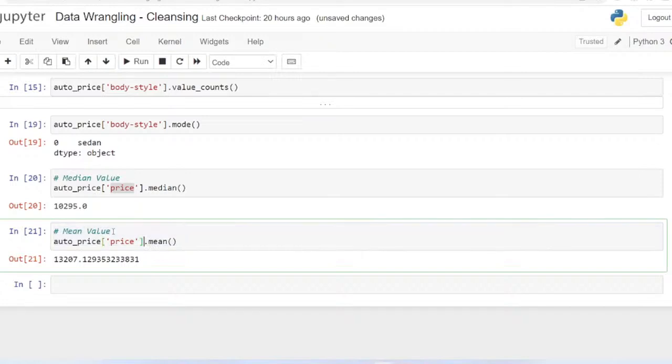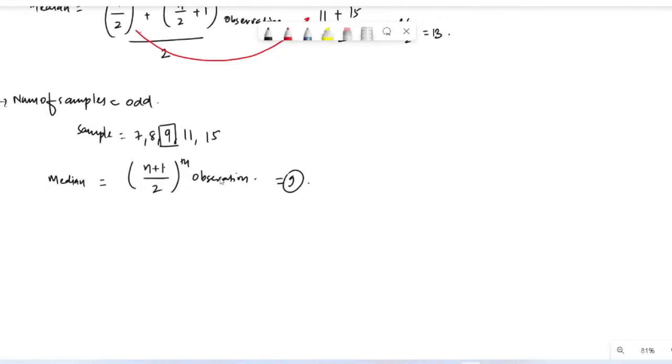Mean would be average. Average means how do we calculate it? So sum of values. Mean of samples. This is the way to represent it: X bar.